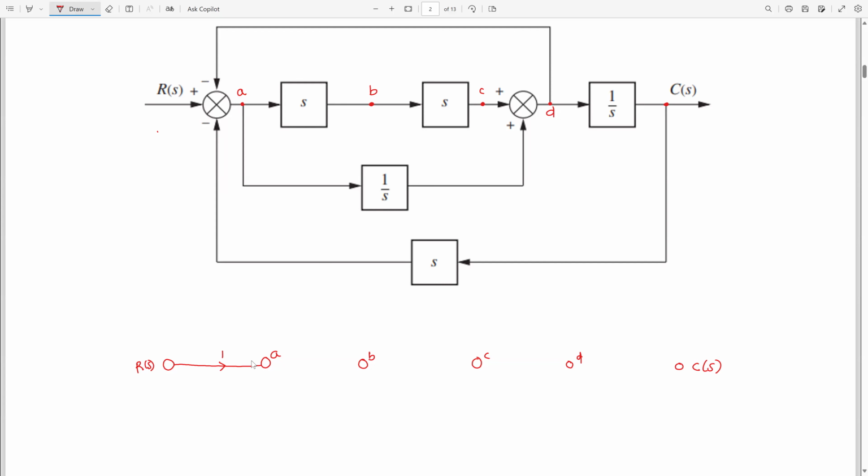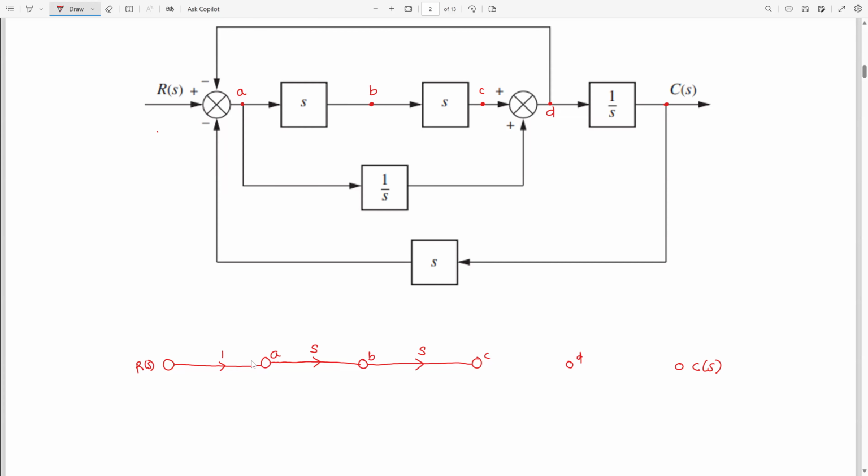Then the signal A passes through a system with transfer function S. So I connect node A to node B, indicate the direction of the signal, and name this branch S. Then from node B to node C, it's a block with a transfer function of S. So I connect node B to node C, indicate the direction of the signal, and name the branch S.